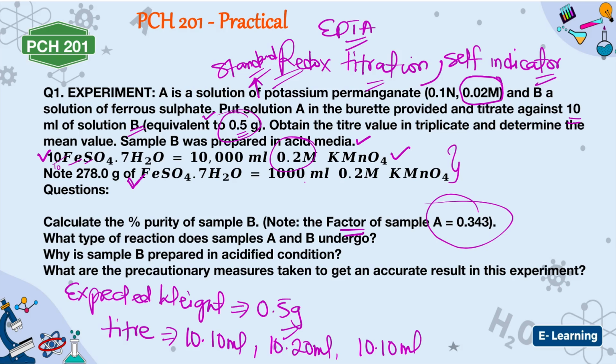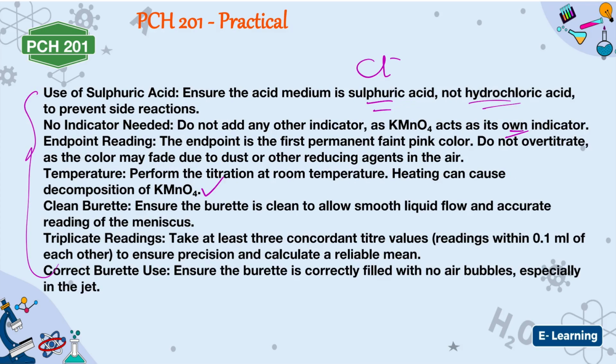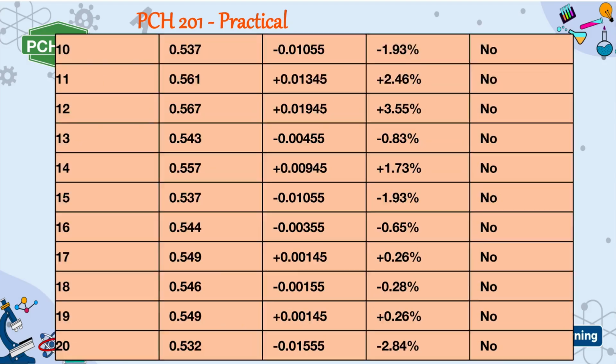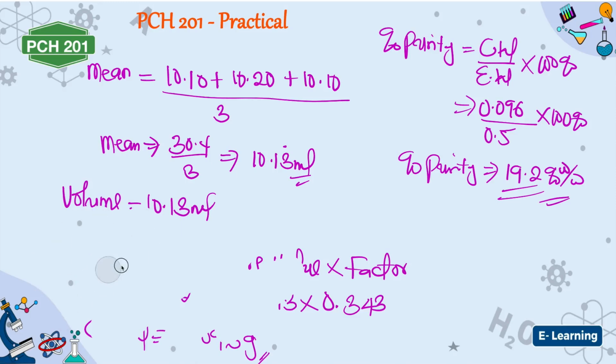They could first say, okay, weigh out accurately, or they will say pipette 10 mL of oxalic acid or something. Are you getting it? Just listen.